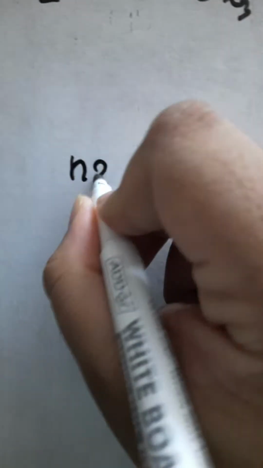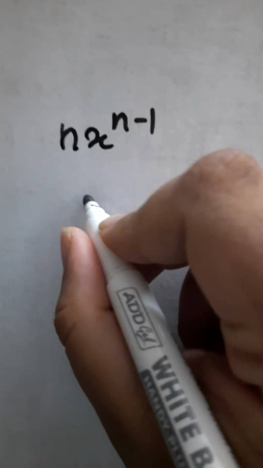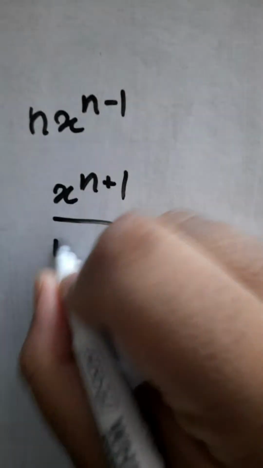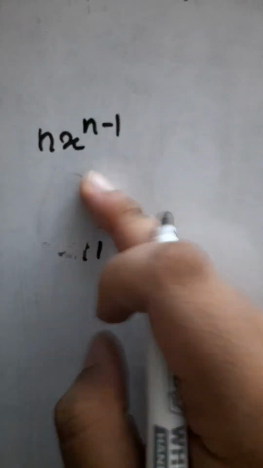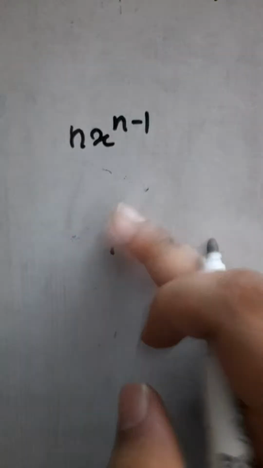For differentiation it is n x raised to n minus 1, and for integration, the opposite, it is x raised to n plus 1 by n plus 1. That is not needed here. We are going for x raised to n minus 1.